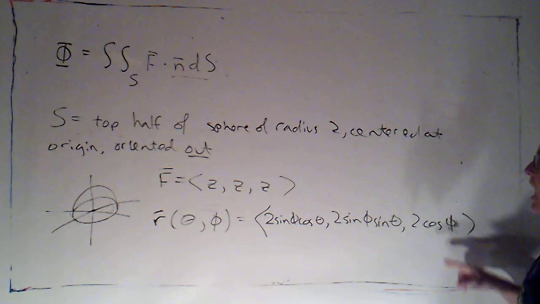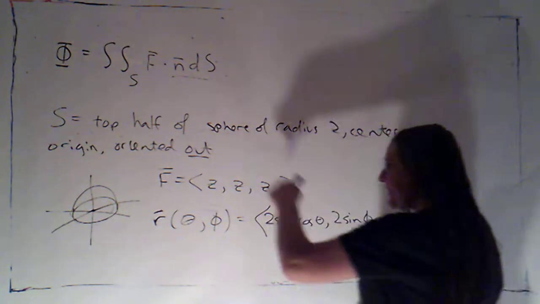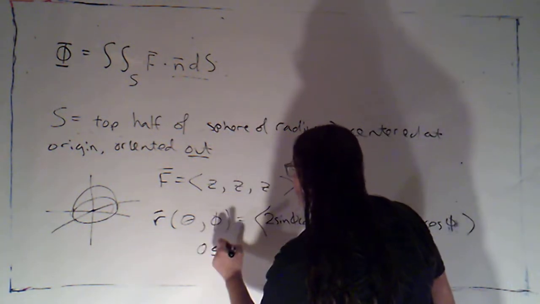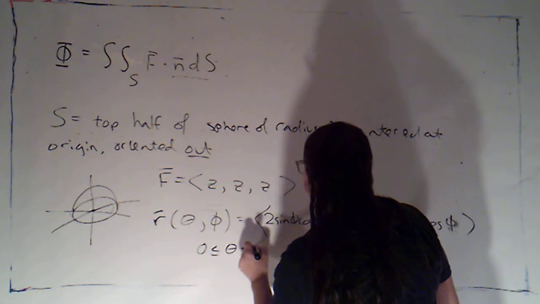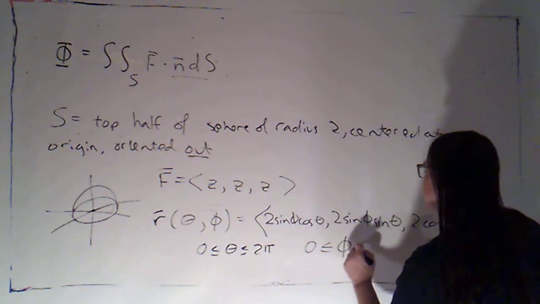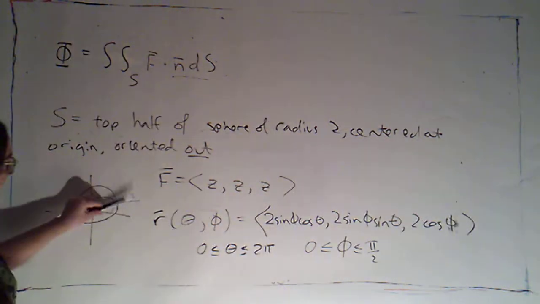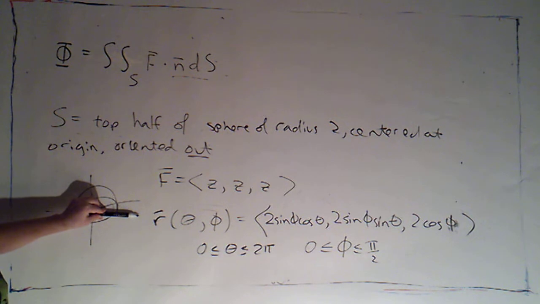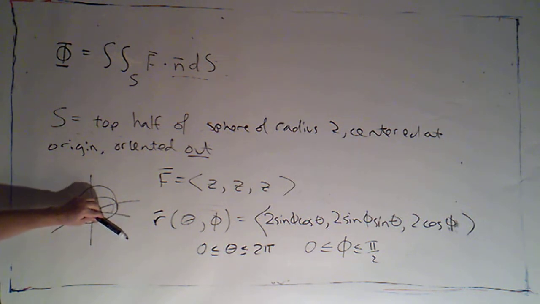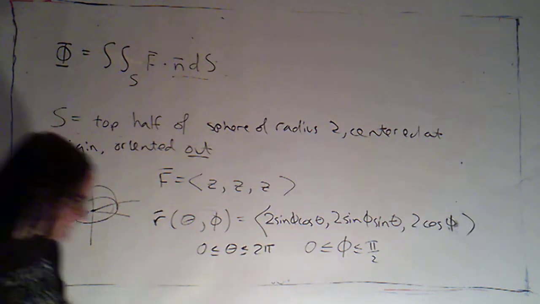Okay. All right, if we're getting just the top part of the sphere, looks like theta is still going to be going between 0 and 2 pi, but I'm going to restrict phi to be just between 0 and pi over 2. Because when phi is pi over 2, that puts me on the xy plane. If I rotated past that, I'd be below it, and I only wanted the top half of this sphere.